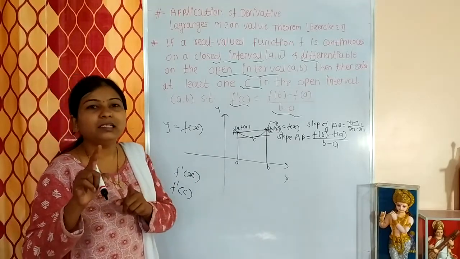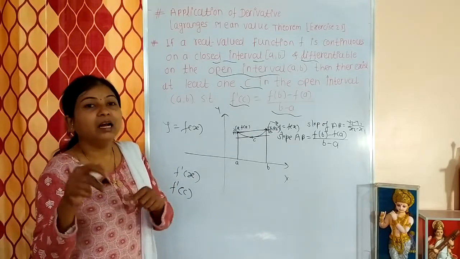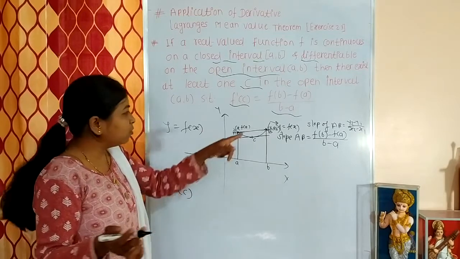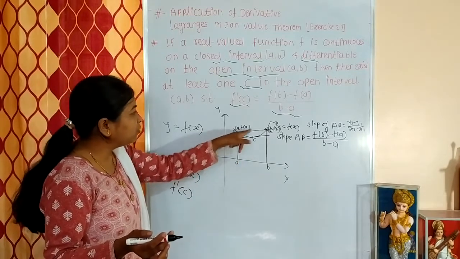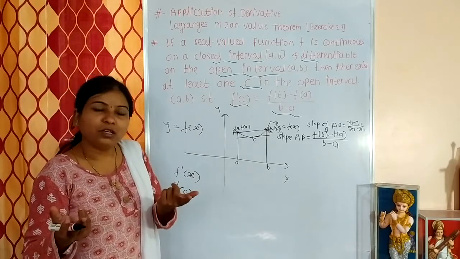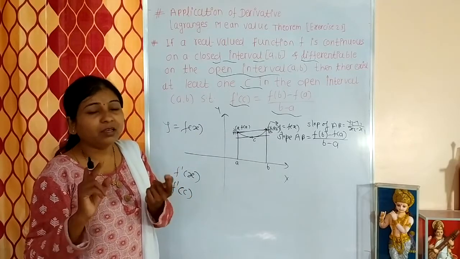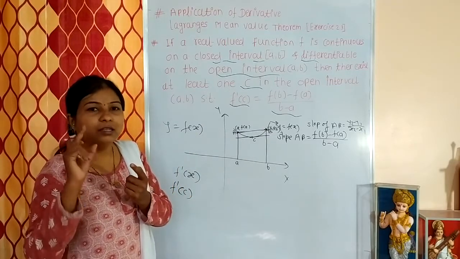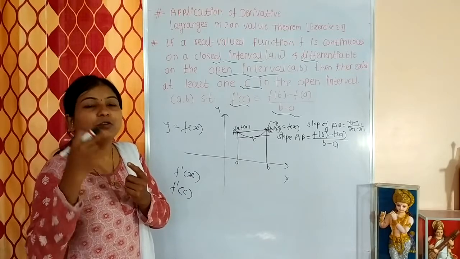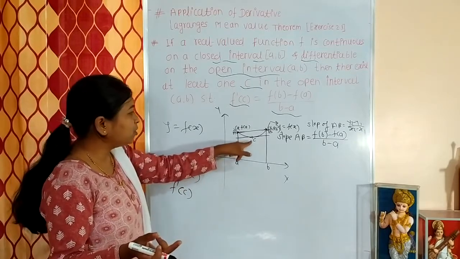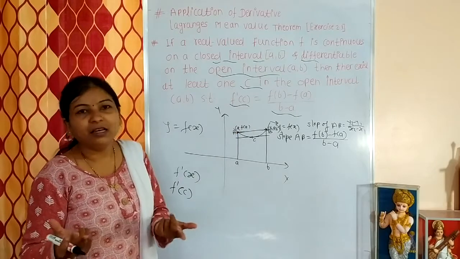We have also studied one result: when two lines are parallel, their slopes are equal. So the slope of this tangent and the slope of this chord AB are equal.